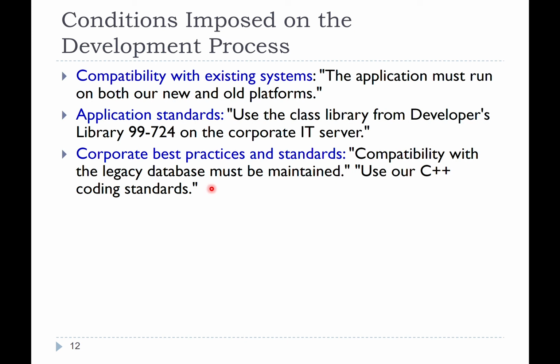Sometimes the corporate best practice that I'm talking about is not just a use of a particular language, but maybe even a coding standard. So things like even indentation. Yes, even indentation. Your code could be sent back to be revised if it's not following the proper indentation. Okay, so this has got nothing to do with what sort of functions your software is going to be creating.